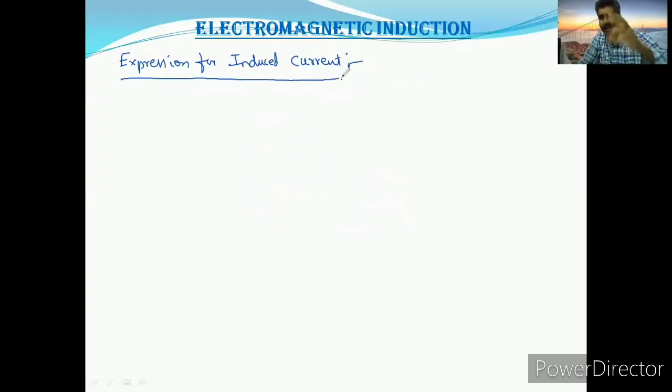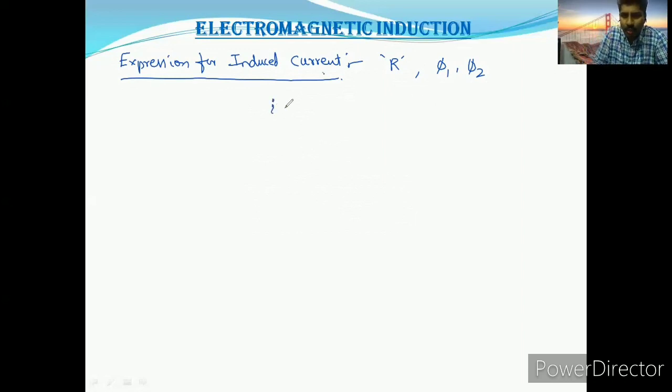So here we are taking a coil, which has a resistance R. Now the flux changes, initially phi1, then it is changed to phi2. So what happened? It induced the EMF, or current. We are discussing current, meaning it induced the electric current.